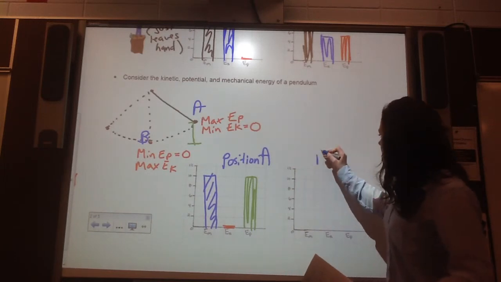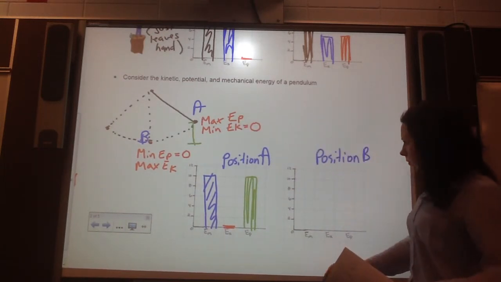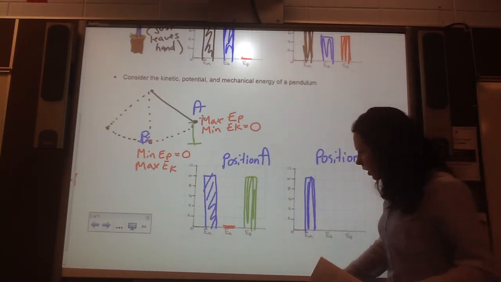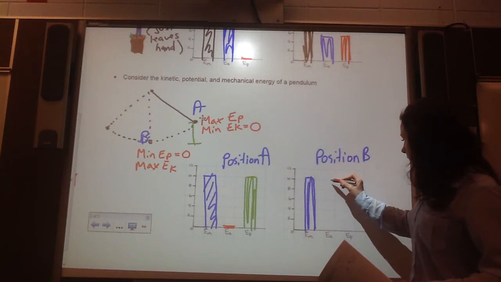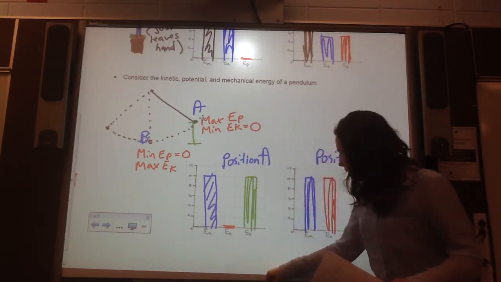And then say we do position B. EM again needs to be 10 for conservation. EK will be 10, and EP will be 0.